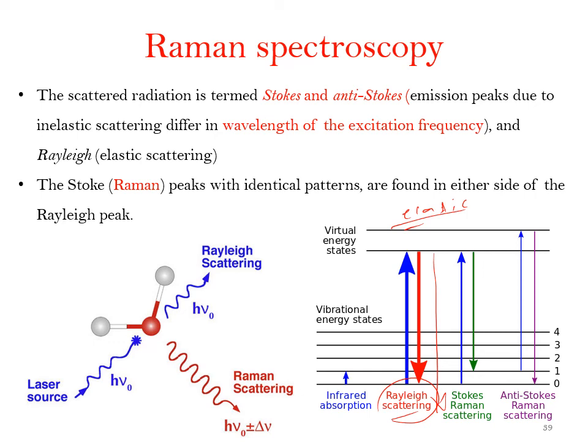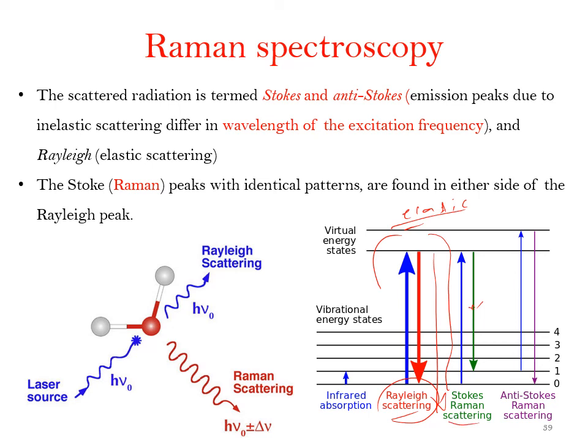On the other hand, the electron that is ejected to a higher state could return to the ground state by releasing light with smaller frequency or less energy. That's called Stokes-Raman scattering.